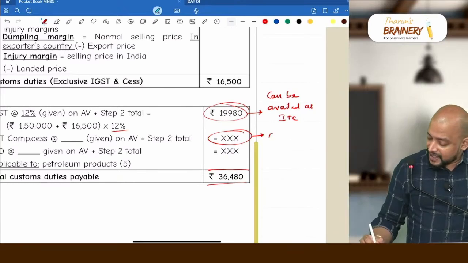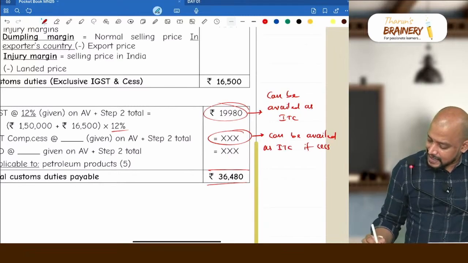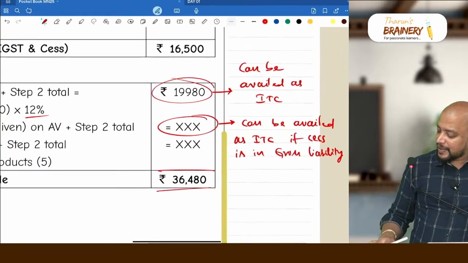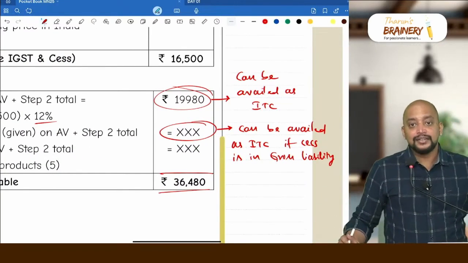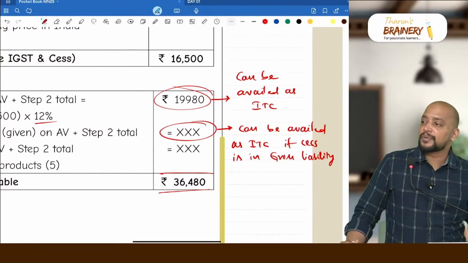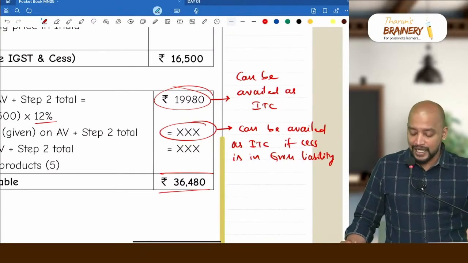It can be availed as ITC if cess is in gross liability. If cess is in gross liability, meaning on my outward supply also I need to pay cess, then I can take ITC on my inward supply, that is in this case compensation cess, because compensation cess can be utilized only for payment of compensation cess on output tax, or output liability.